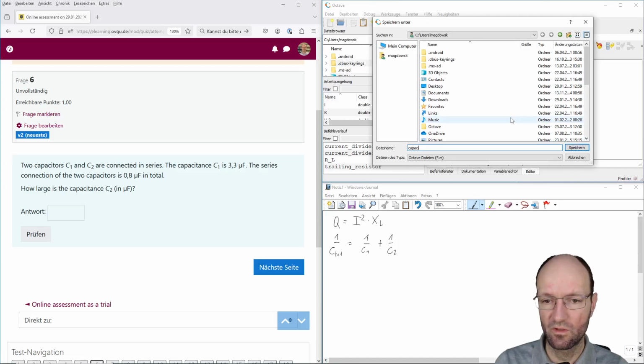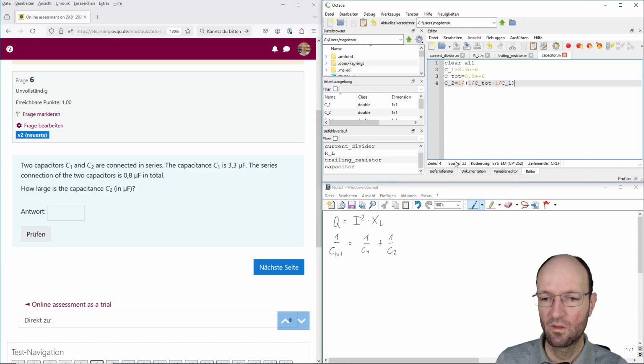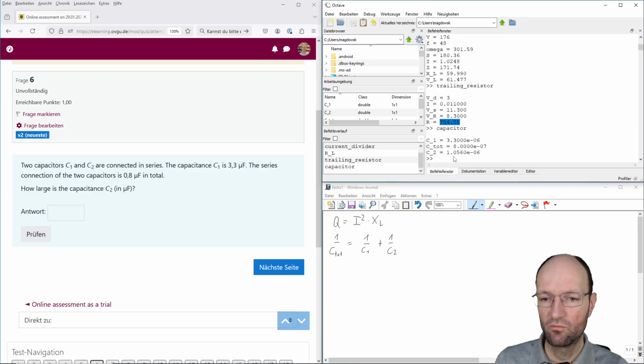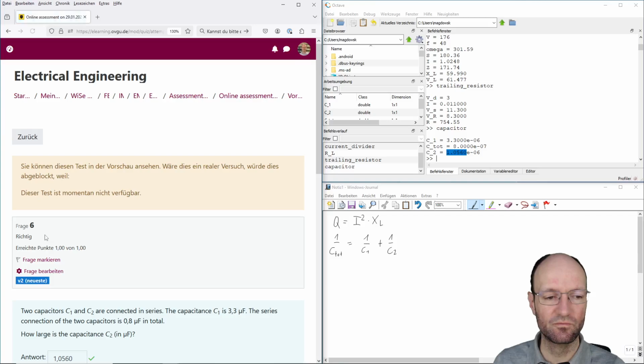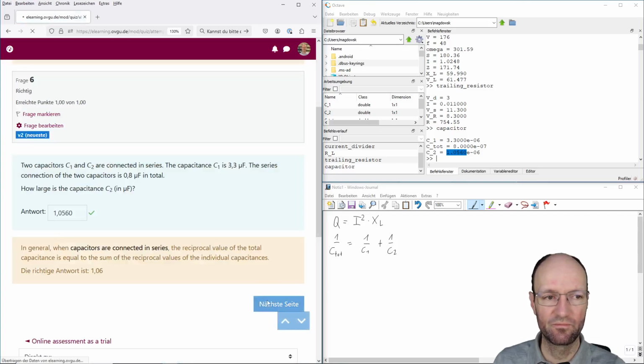So this is the capacitor. And here's the result. 1 point something microfarad. And this also seems reasonable because the calculation here is the same as for the parallel connection of resistors. And so if you have 3 ohm and 1 ohm in parallel, the total resistance could be something like 0.8 ohm. Okay, so that's correct.